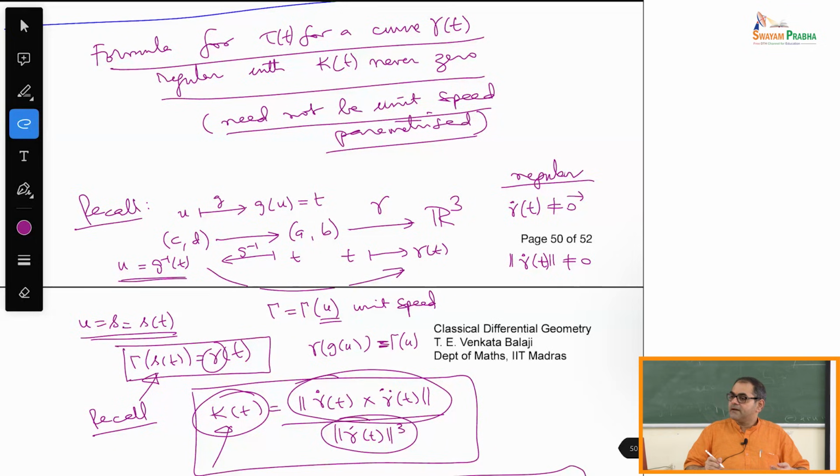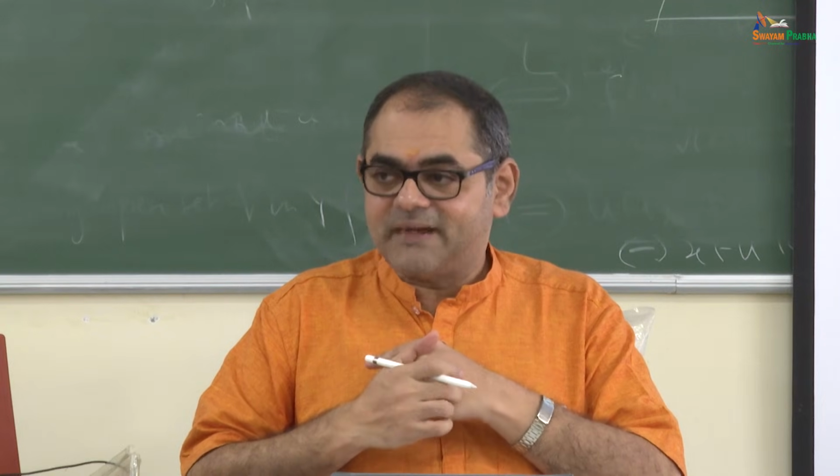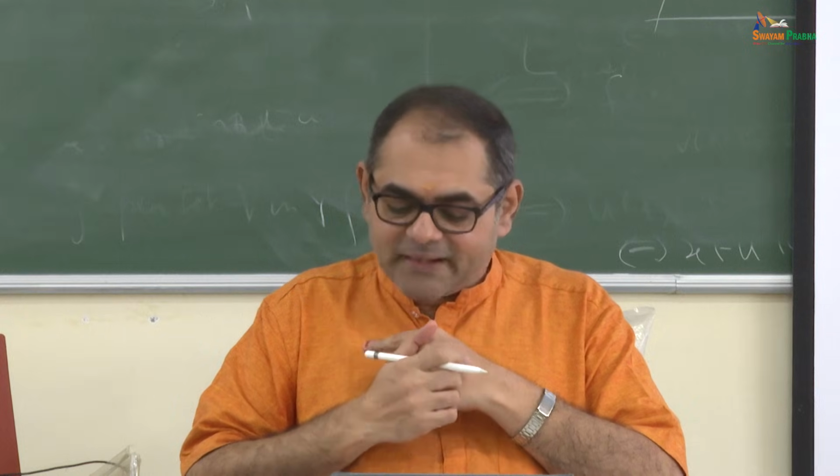Okay, and therefore, the big deal is that you have to find this function g, which is the change. Okay, but s is actually g inverse, so g is s inverse. So though it is easy to find s, it's hard to find s inverse. You have to invert the arc length. That is your u. That is your g.